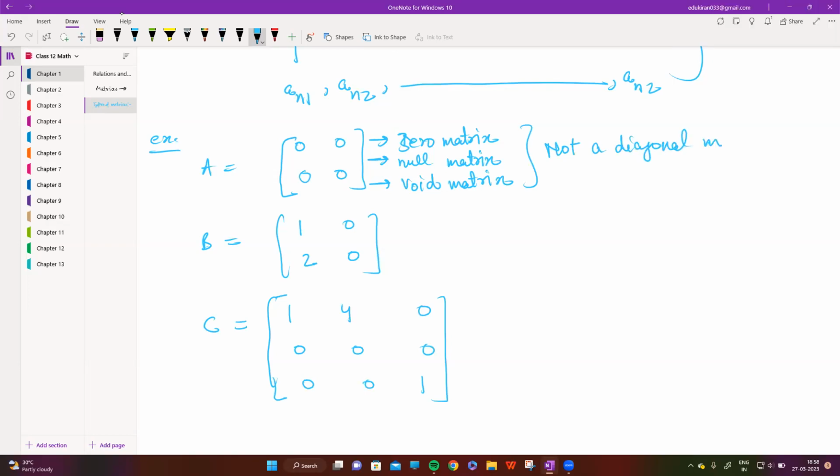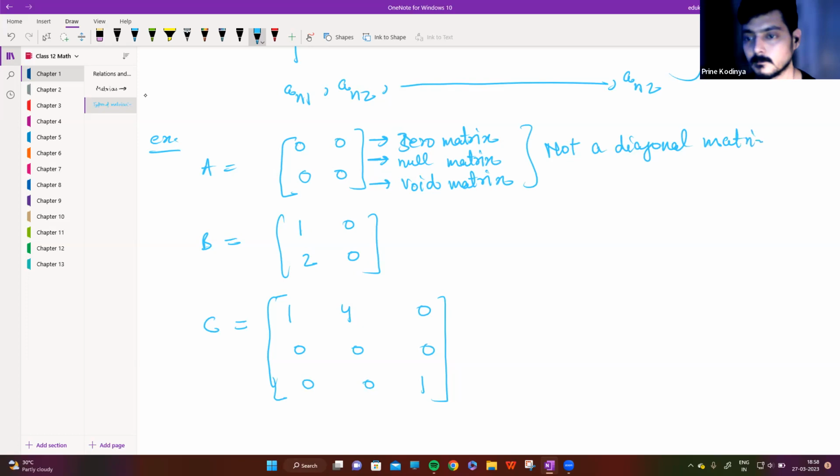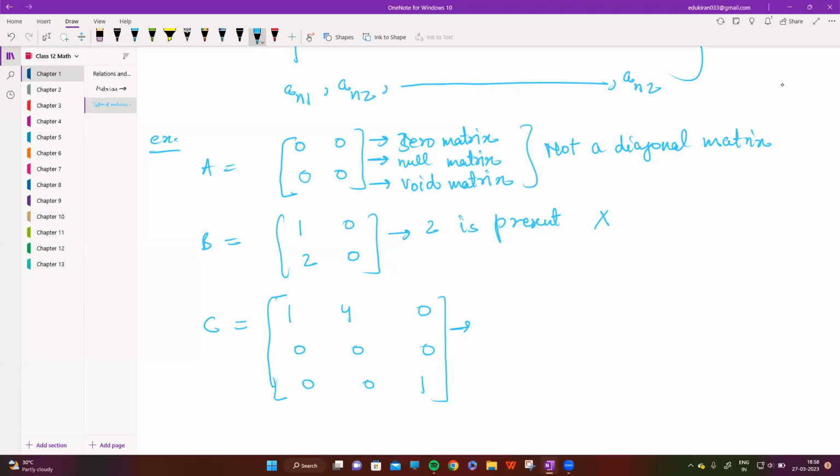Because the non-diagonal elements have 2 in them. All the non-diagonal elements are not zero. What about this? No, sir. Same problem? Yes, sir.